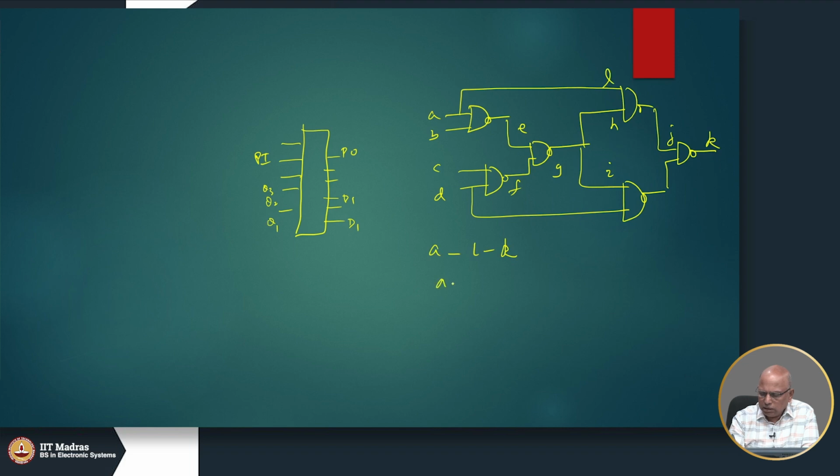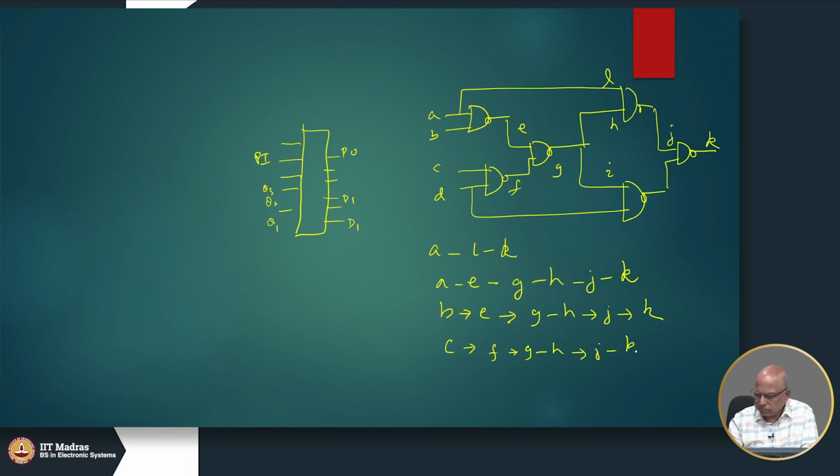Then A, E, G, H, J, K is another path. Then B, E, G, H, J, K is another path. Then C, F, G, H, J, K is another path.